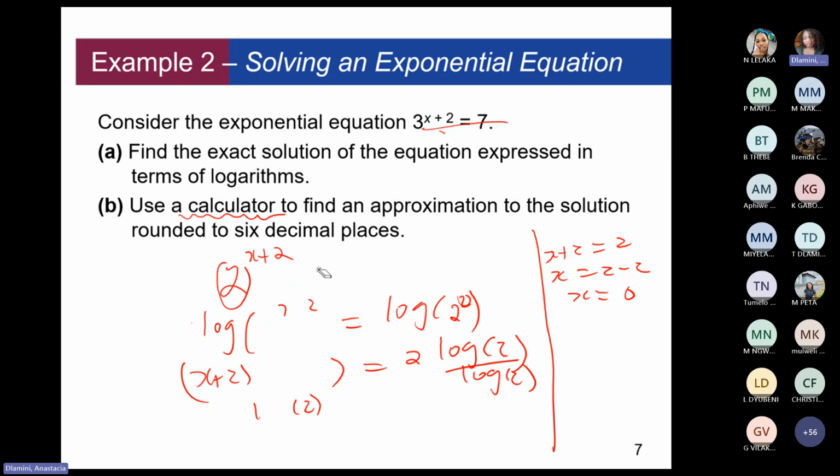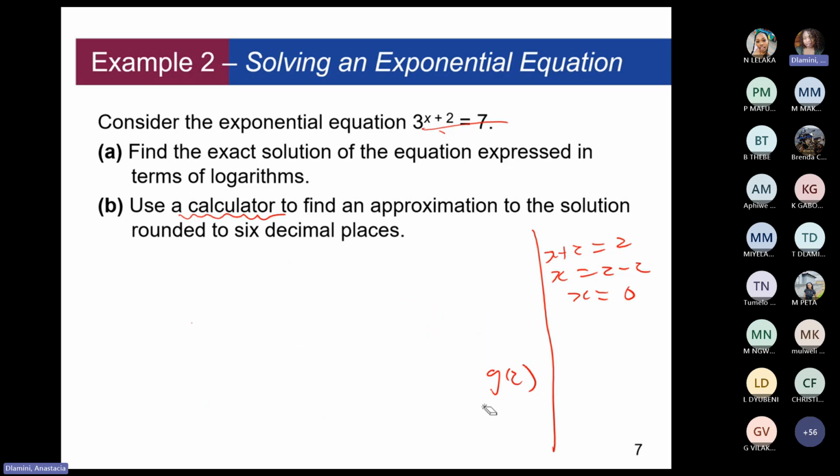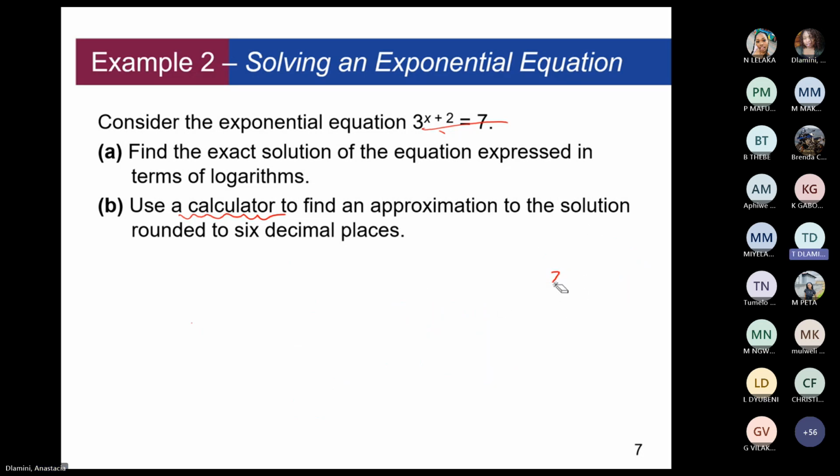So now I have this particular problem where I have 3 to the power of x plus 2 is equal to 7. I cannot change 3 to the power of something to give me 7. So then I use log. I say log of 3 to the power of x plus 2 is equal to log of 7. What you do on your left, you do on your right.